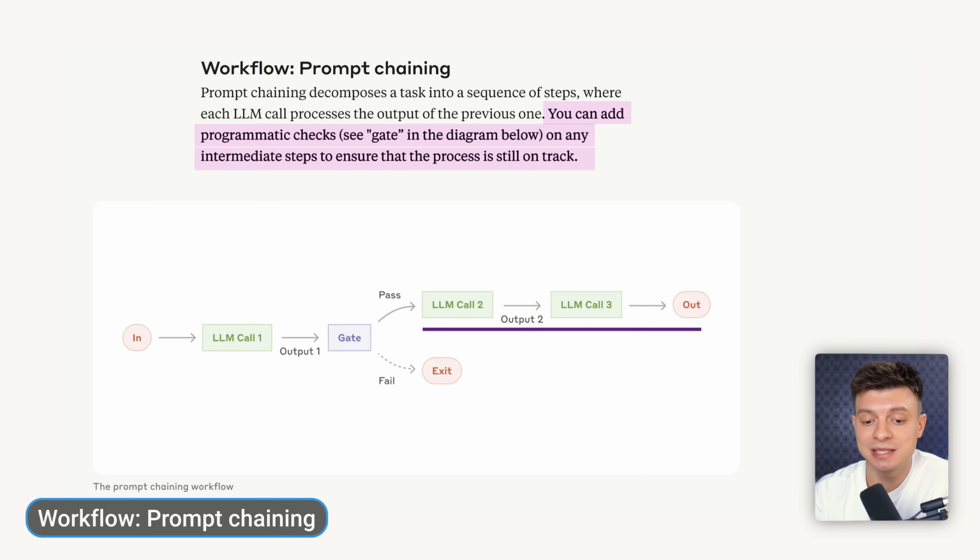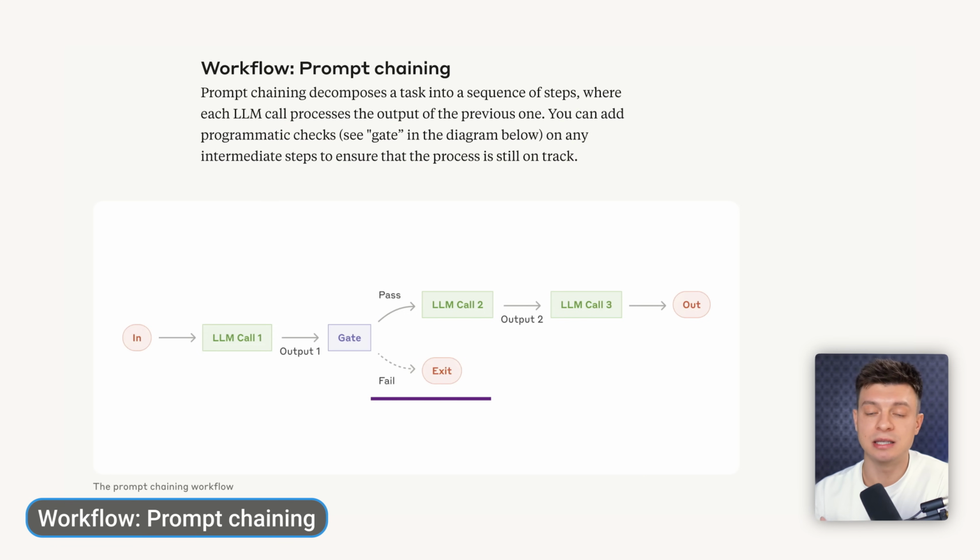So if something passes the check, you move to the next step. If it doesn't, the agent can take a different path, like triggering a fallback or exiting the flow. And this way, small errors don't spiral into bigger ones. And in real life, this workflow works best when your task can be naturally split into clear, well-defined steps, okay?